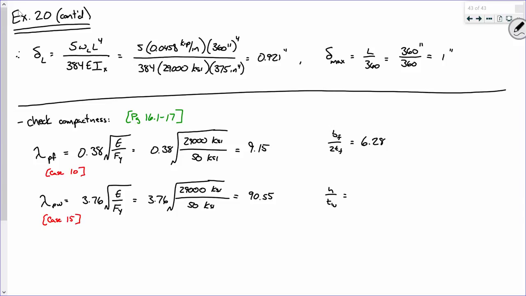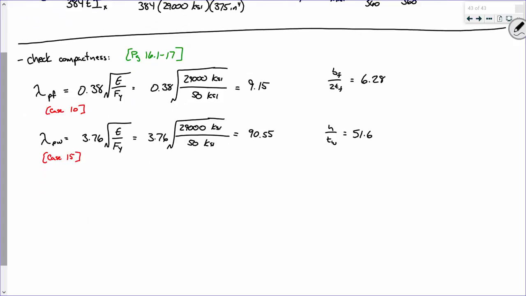and H over TW. All right, does everybody know where we're finding that? Table 1-1 for the W 16/31. Now, does that mean our shape is good or bad? This is good, okay?